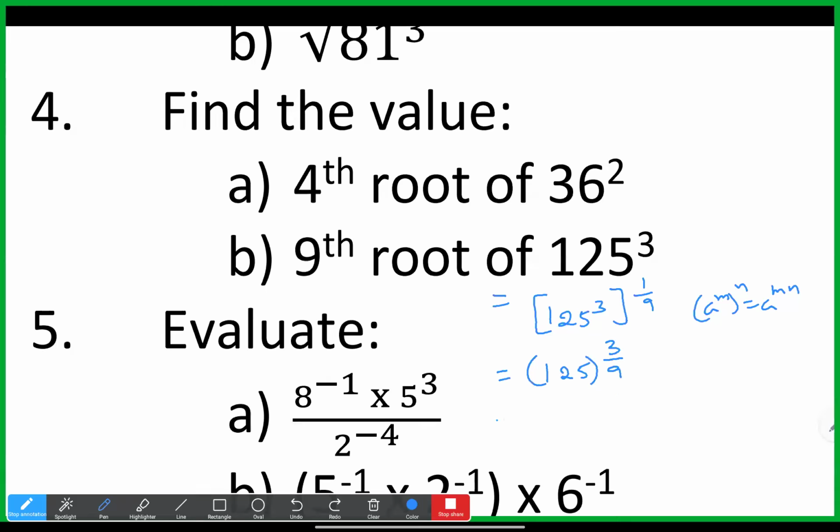Now 125 prime factorization, 5 cube. So 5 cube whole power 3 by 9, which is 5 power 3 into 3 by 9. So 5 power 9 by 9, which is 5 power 9.